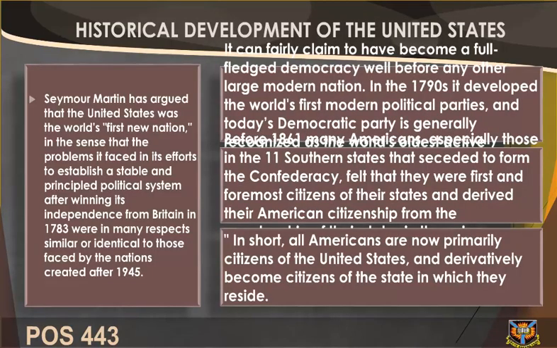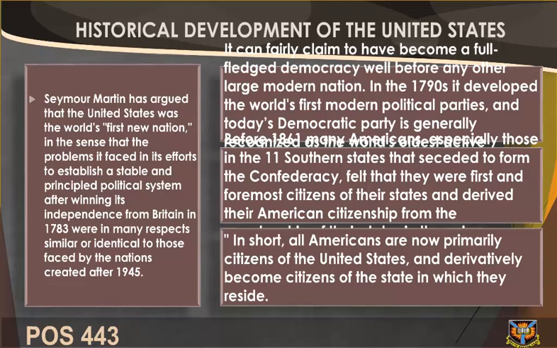Historical developments of the United States. Seymour Martin has argued that the United States was the world's first new nation, in the sense that the problems it faced in the effort to establish a stable and principled political system after winning its independence from Britain in 1783 were in many respects similar or identical to those faced by the nations created after 1945.